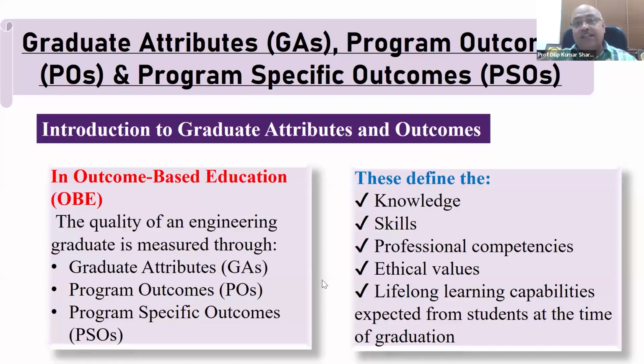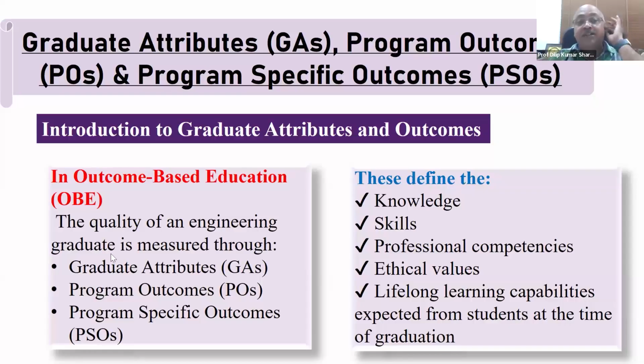You should be clear, because for everything in outcome-based education, or if you are going to prepare for NBA accreditation, if you are not able to understand the graduate attributes and how to map them with the program outcomes, you will not be able to do it judiciously. You will not have the confidence. So I will explain that in depth with you.